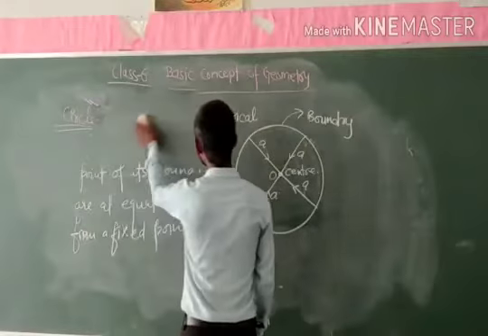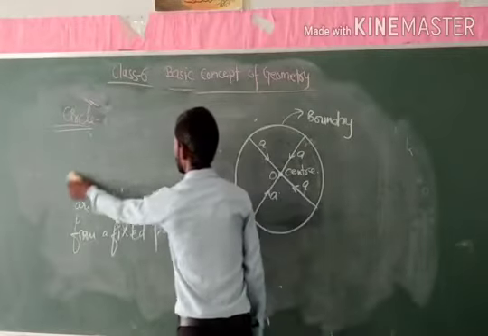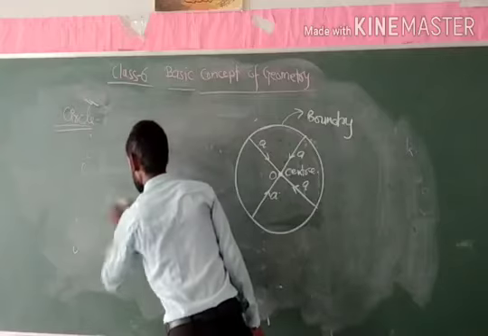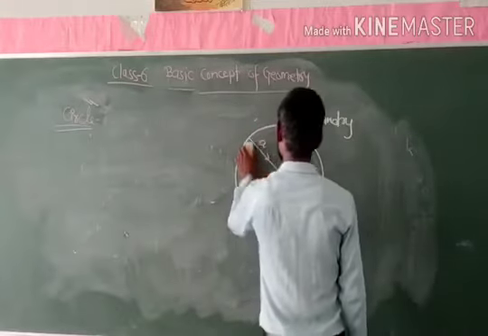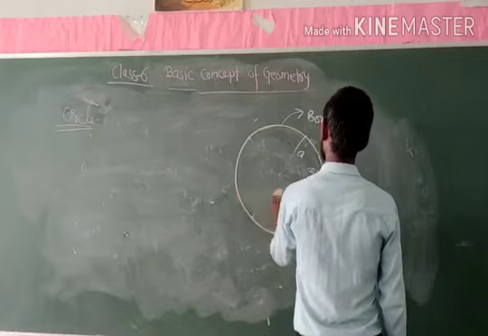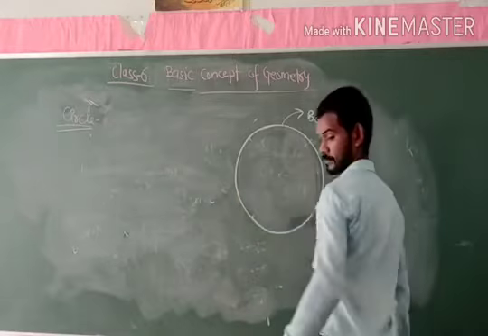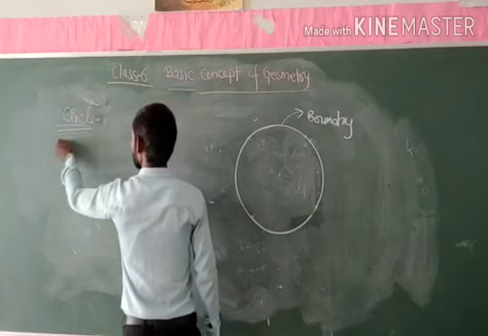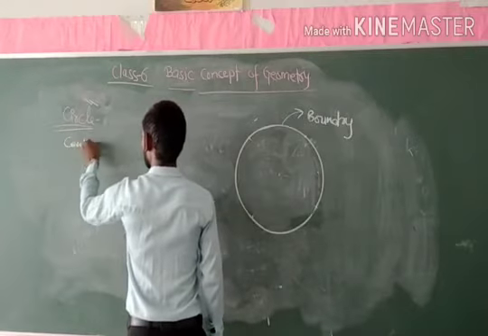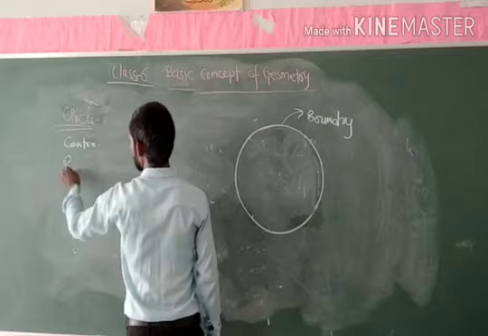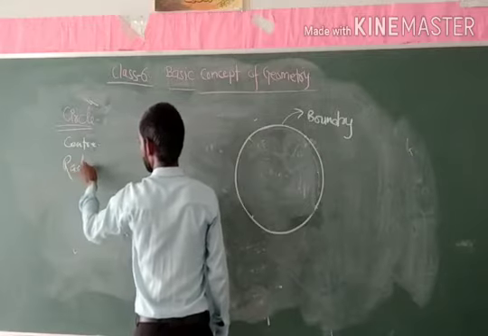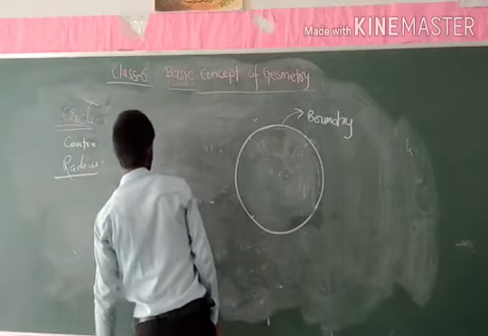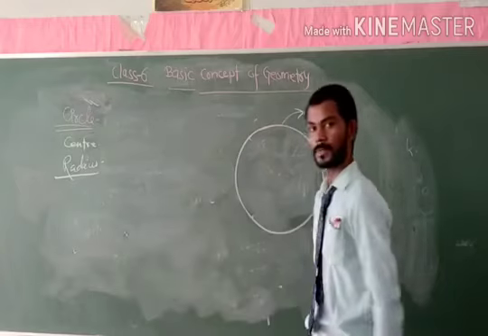And the next is radius. We have discussed circle and center, and the next is radius. What is the radius?